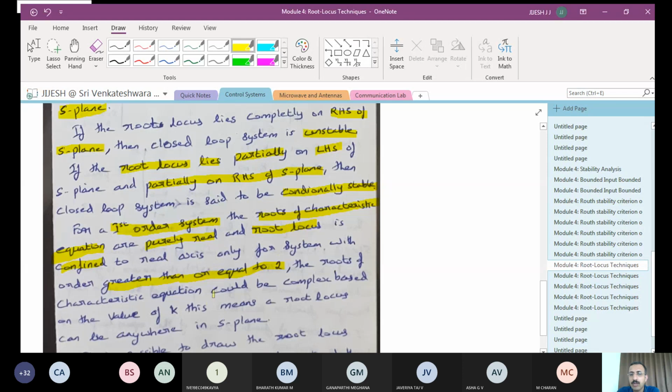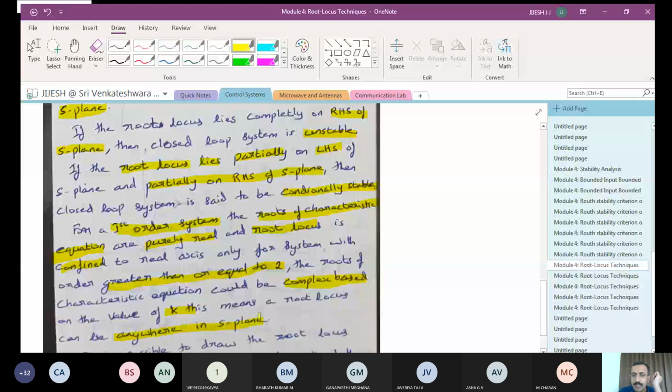The roots of the characteristic equation could be complex based on the value of k. So one condition you have to understand here is that the order of the system you are going to take should be greater than or equal to 2, and the roots of the characteristic equation will be complex based on the value of k. This means that the root locus can be anywhere in the S plane.